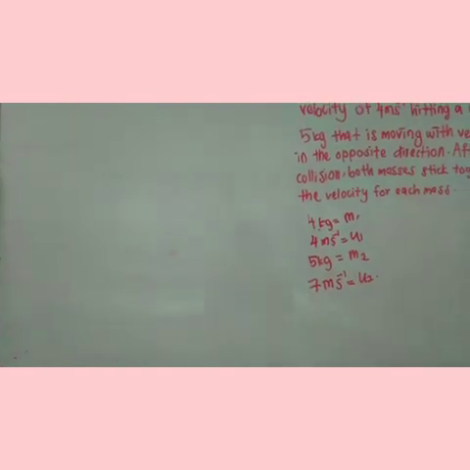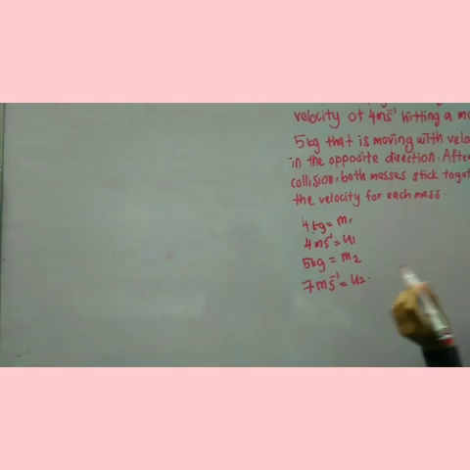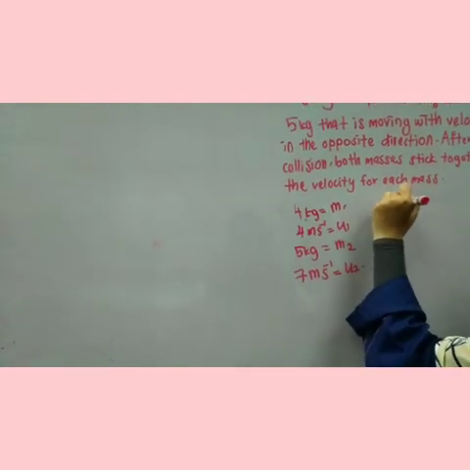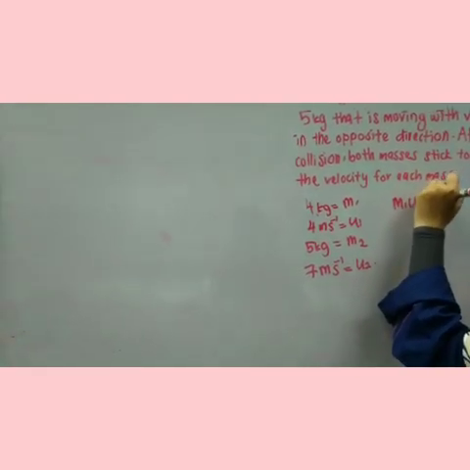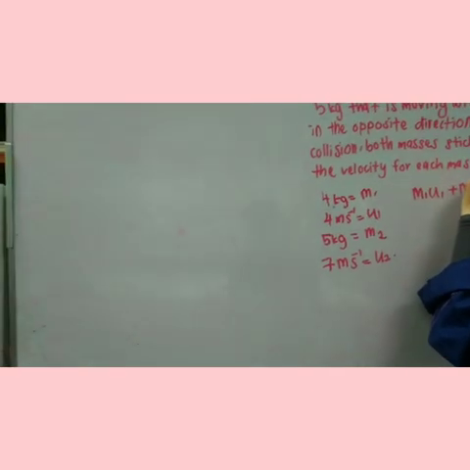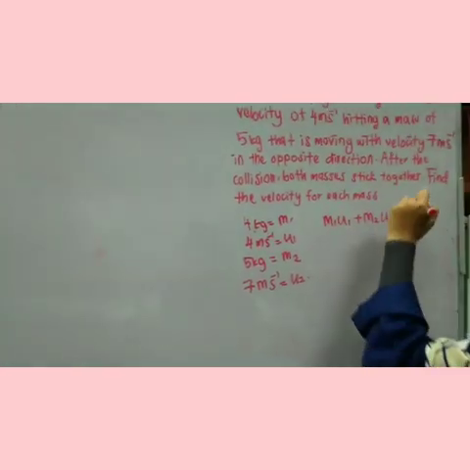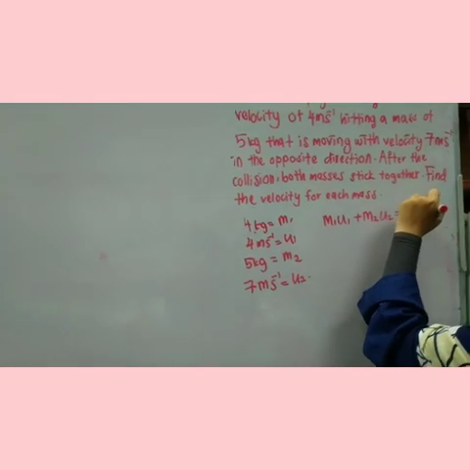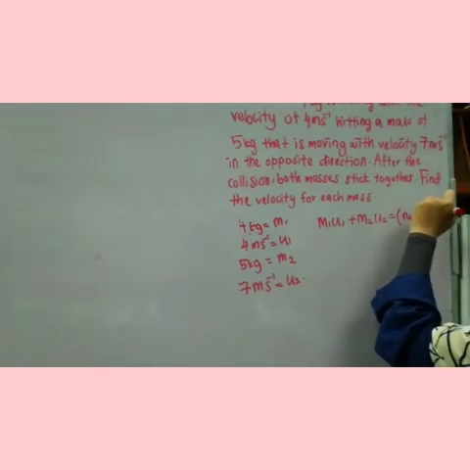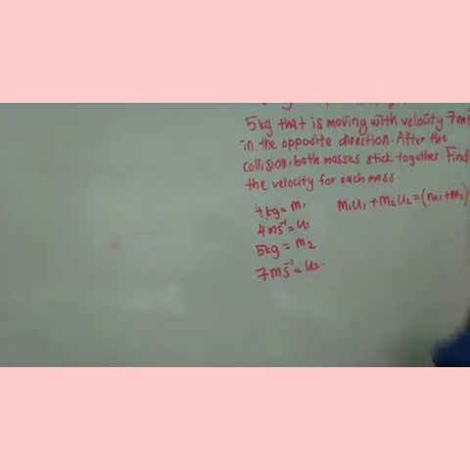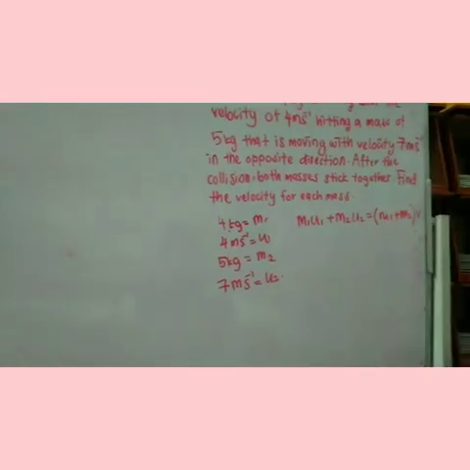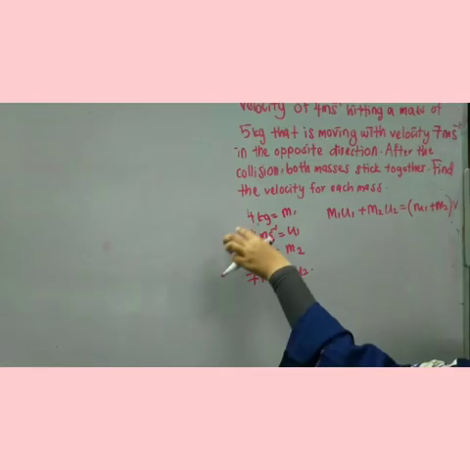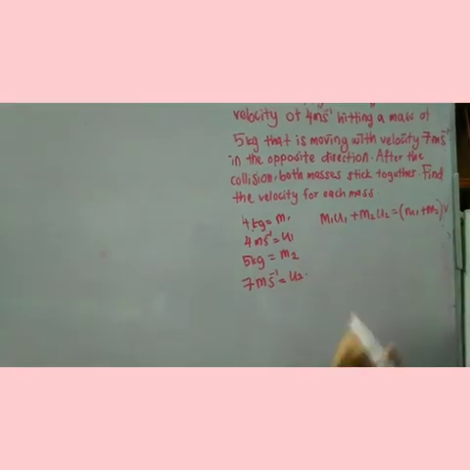The equation that we use to find the velocity is m1 u1 plus m2 u2 equals m1 plus m2 times v. So we want to find the velocity. We substitute the information that was given into the equation.